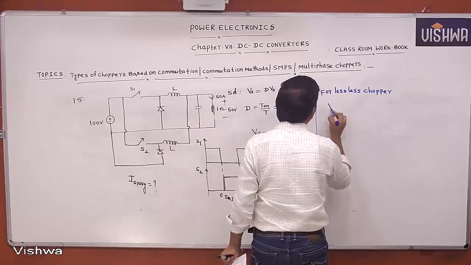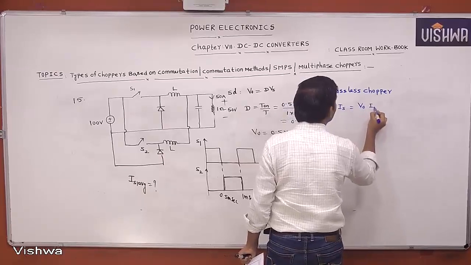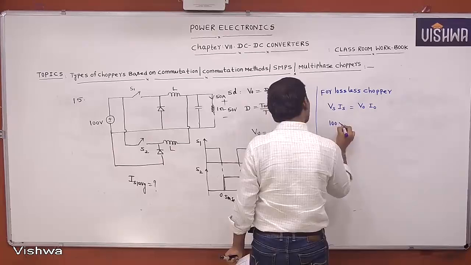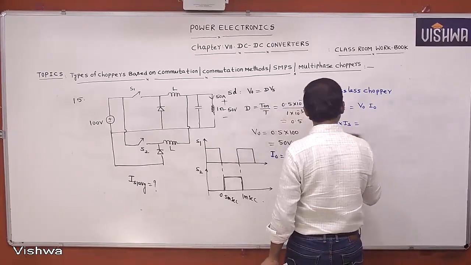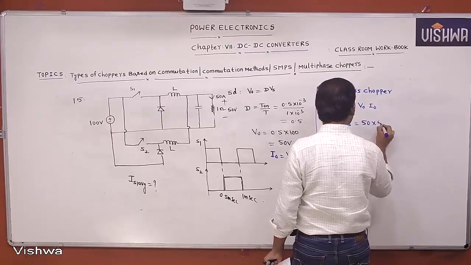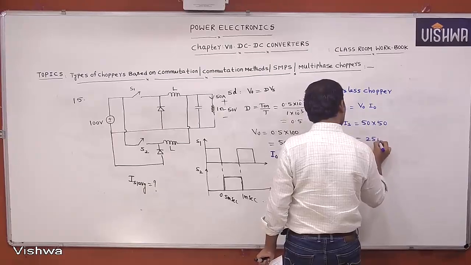What is the input power? That is Vs into Is equal to V0 into I0. What is Vs? 100. Is I want to calculate. What is V0? V0 equal to dVs, that you calculated, 50. What is I0? 50. Then what is Is we can get? This we can get 25 amperes.